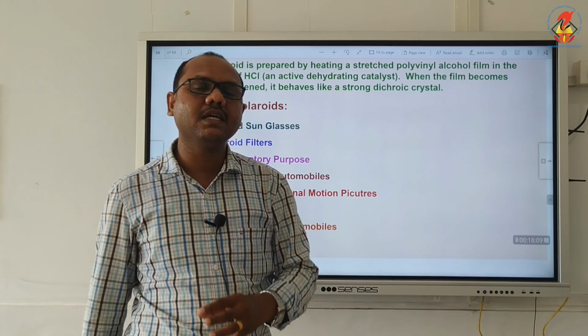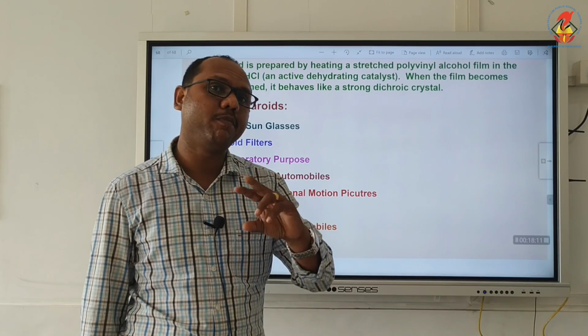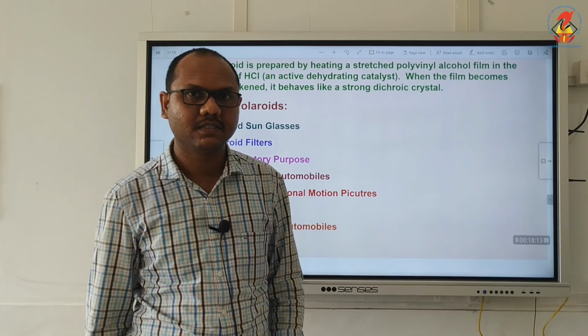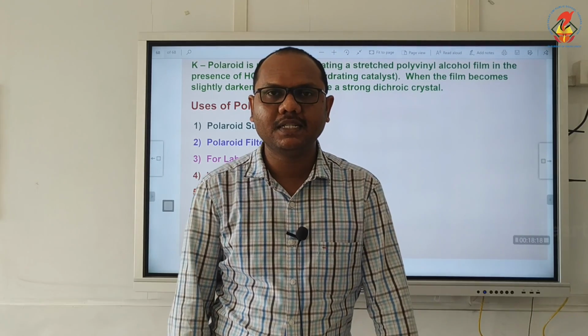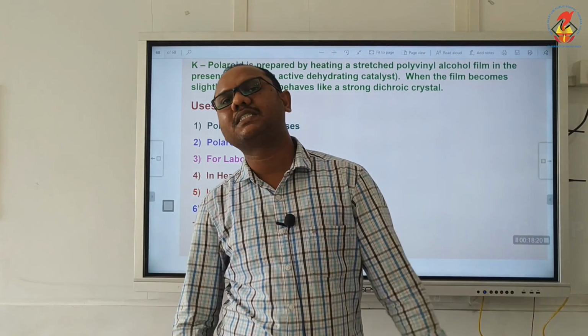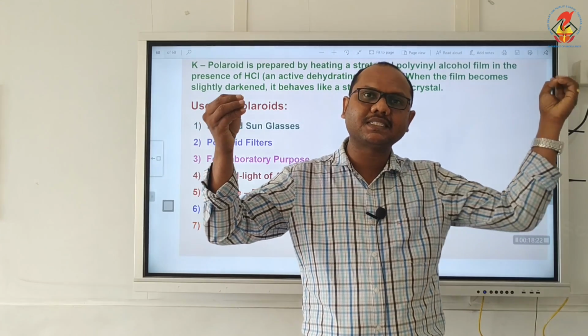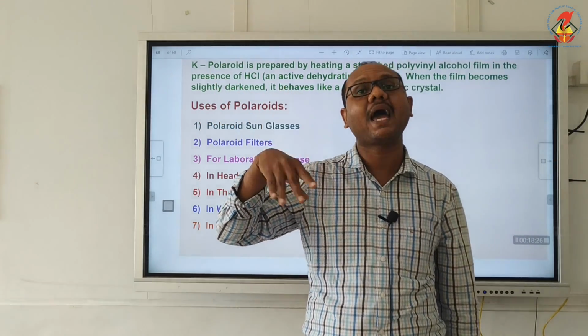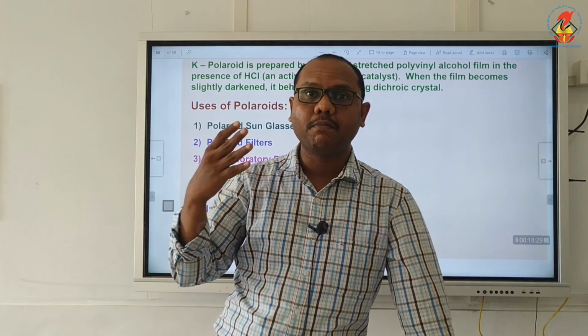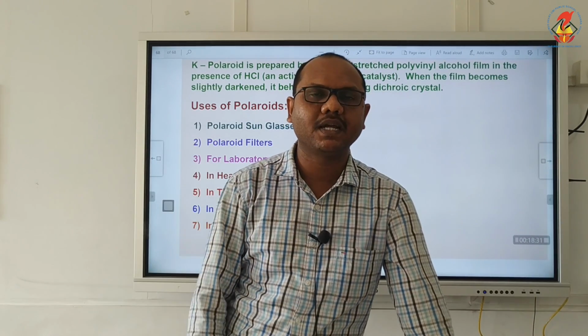And there is one more thing, polarization by scattering. The atmosphere contains a lot of molecules, right? Air molecules. So when the sunlight strikes the atmosphere, the electrons of those molecules have vibrations in the parallel and perpendicular directions.